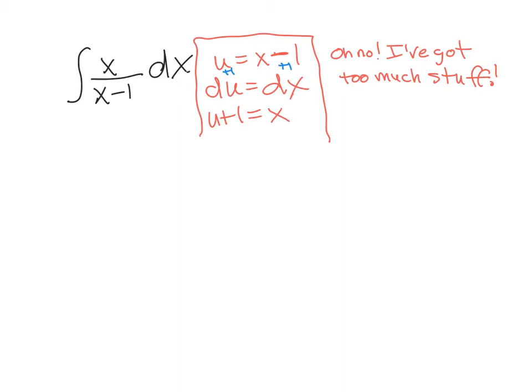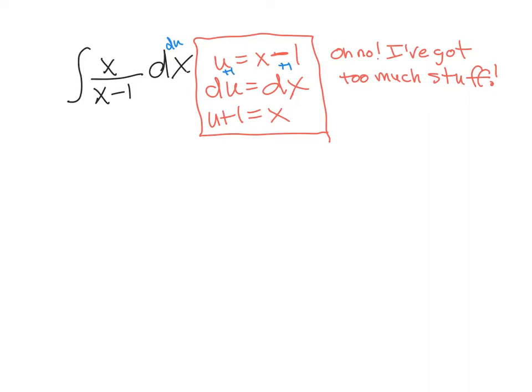Now look at my equation here. I'm going to cheat it just a little bit so you can see what's going on. The dx, I've already solved that. That's du. So this is du. I'll write it out nice and neat in a second.